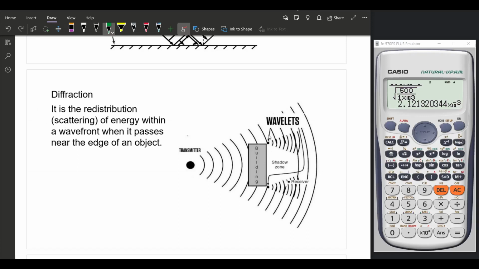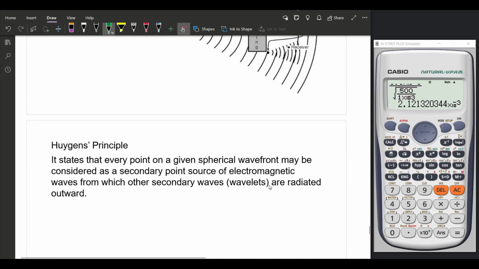So, nagkakaroon ka ng secondary waves na mas maliit kumpara dun sa primary wave. Those waves are called wavelets. Parang nagiging secondary source yung kung saan tumama yung primary wave natin. Okay? So, kumakalat yung signal. That's actually based on Huygens principle, yung binanggit ko. Okay?